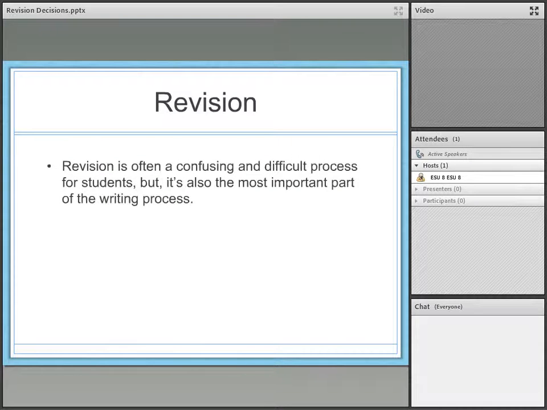Now, we know that revision is often a confusing and difficult process for students, but it's also the most important part of the writing process. Never is a piece that we write truly at its finest quality, finest clearness, finest ability to communicate with others than after it's been revised, and perhaps even revised multiple times.